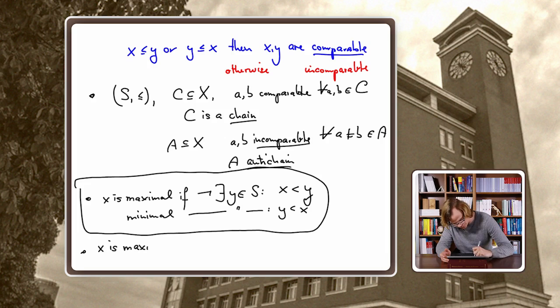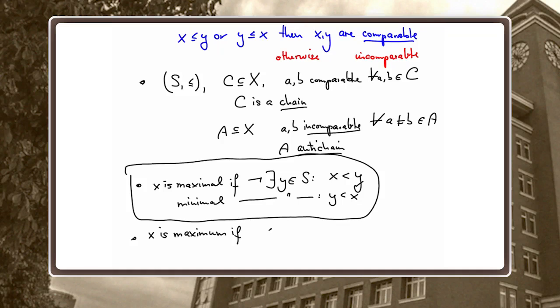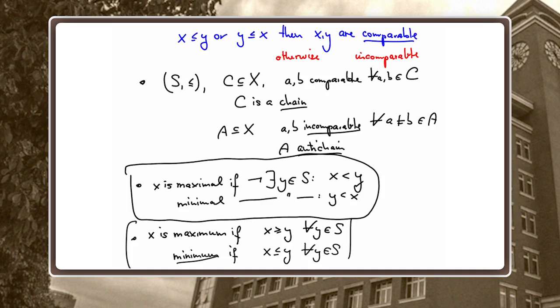X is a maximum if it is bigger than everything else. And it's called a minimum if X is smaller than everything else. So just be aware that these two definitions are not the same in general. If your order is not linear, these might not be the same.